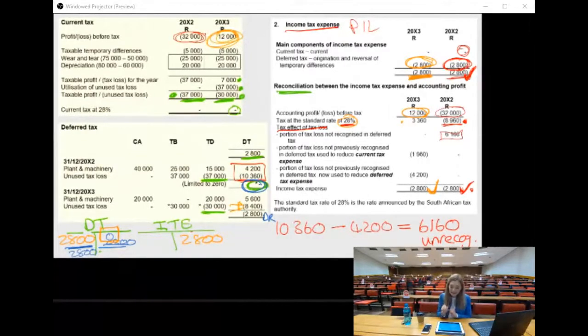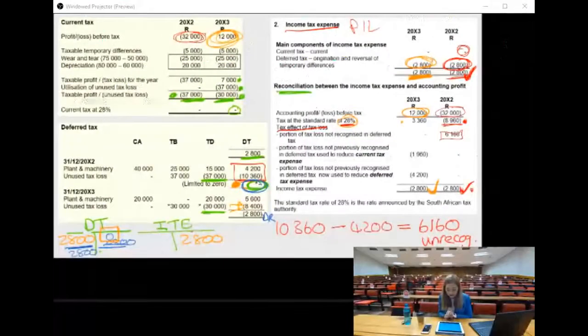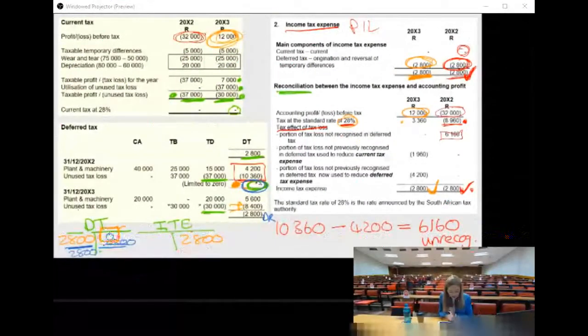If we were able to recognize the full amount over there, then our deferred tax would have had a debit opening balance, but now it doesn't.